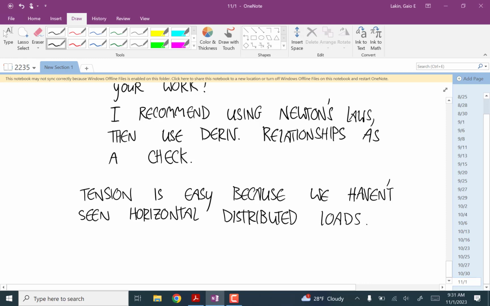Well, I mean, these are all of the things we do have to represent physical stuff, right? So what can you imagine that would produce a horizontal distributed load?